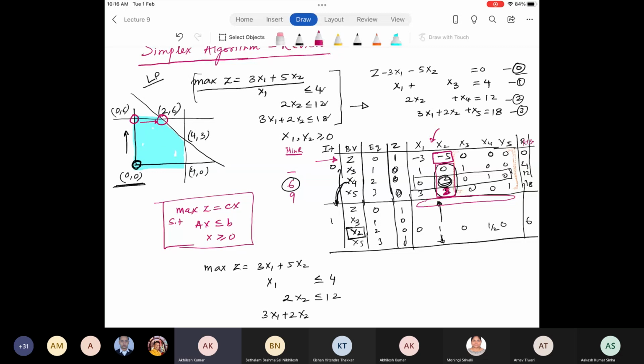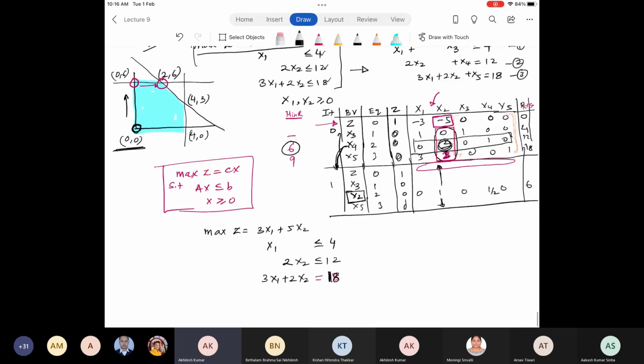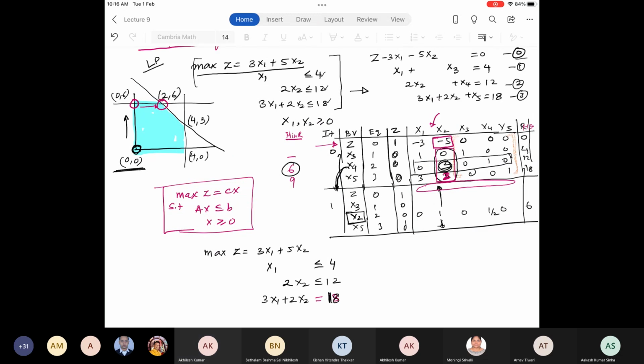So the only change I'm making is making it equal to 18. So I have changed a less than or equal to constraint to an equality constraint. What would be the consequence when we try to run the simplex algorithm which we have seen?